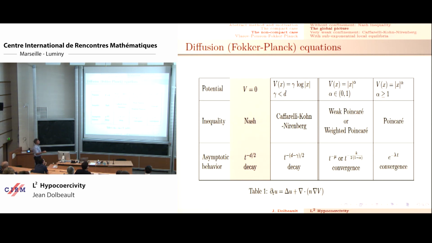Or if you use weighted Poincare with moments of order k, as I will show you in a second, you get a decay which is explicitly of this type. This is quite nice because if you fix k and let alpha get closer and closer to 1, so approximating the Poincare case, you get an algebraic rate which is faster and faster, which connects well with the exponential rate that you have above alpha equal 1.